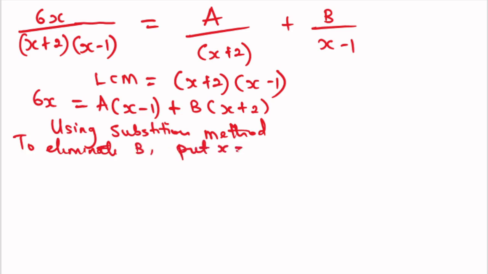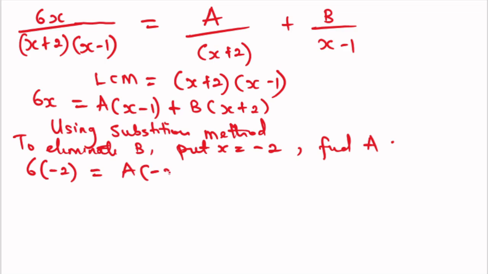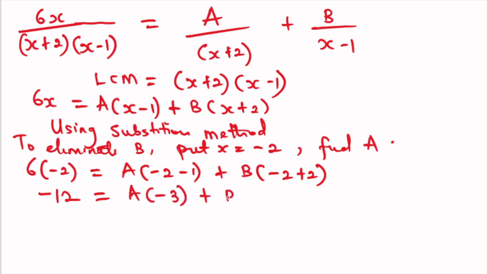So to eliminate B, put x equal to minus 2. That way, we are finding A. So this becomes 6(-2) equal to A(-2 - 1) plus B(-2 + 2). 6 times minus 2 will have minus 12 equal to A times (-2 - 1), A(-3), plus B(-2 + 2) is 0.